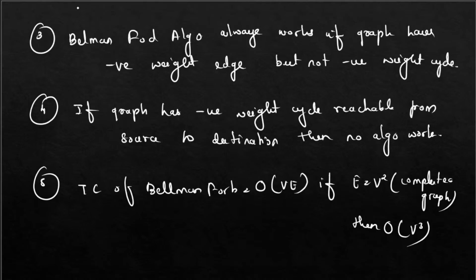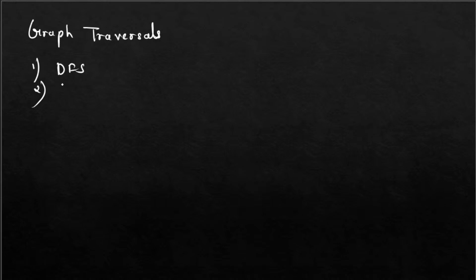Right. Now let's see graph traversals. First is depth first search, second is breadth first search, okay?